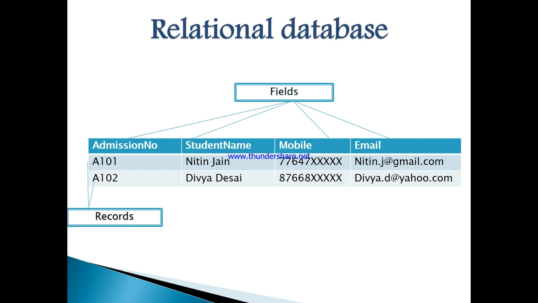A101 contains the name, mobile number, and email of one particular student, whereas A102 contains the name, mobile number, and email of the second student. Now you understand how a relational database works. This is the way we create our database and store our data. So now you understand what a relational database is.